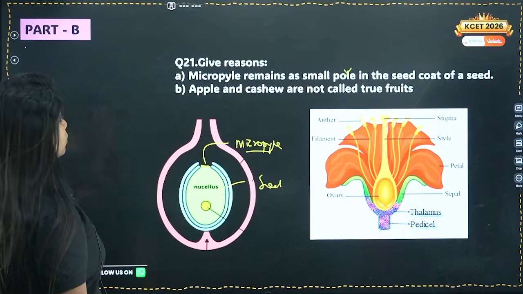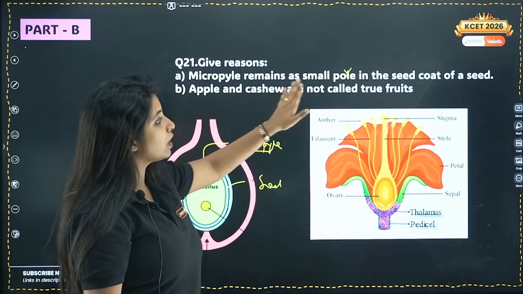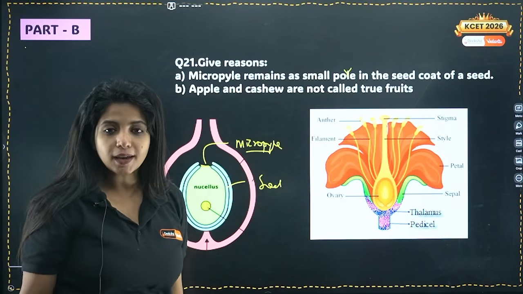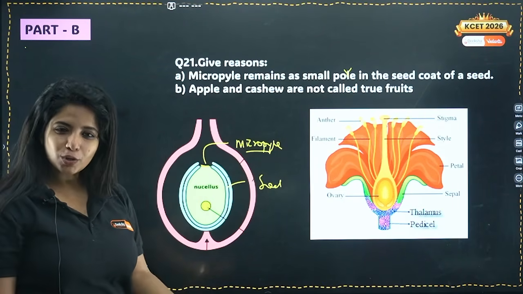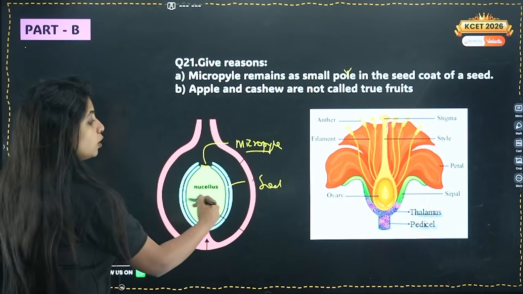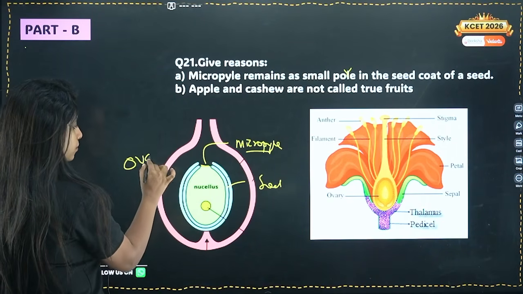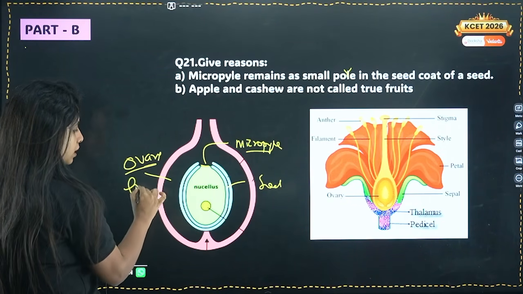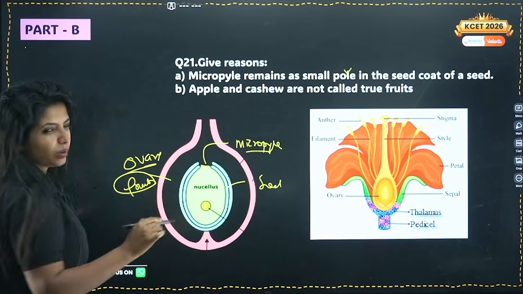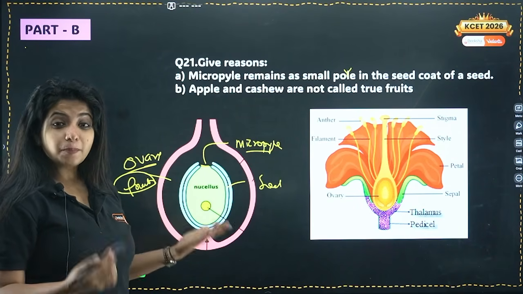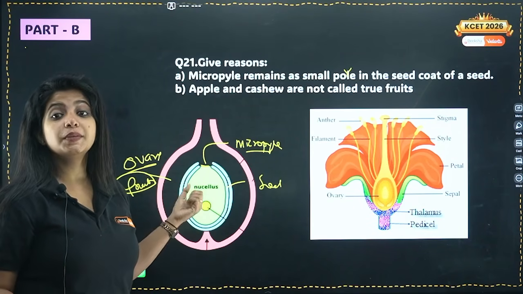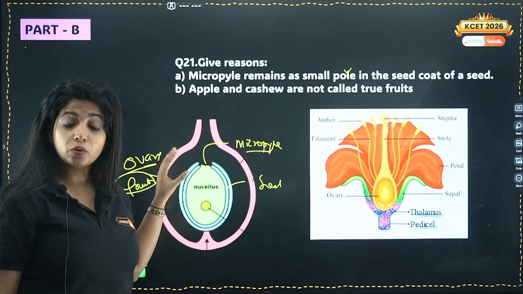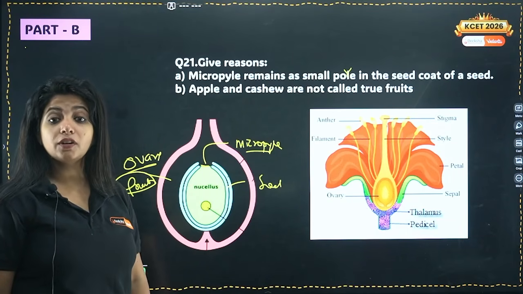Now there is one more part to the question, that is apple and cashew are not called true fruits. Why? Why that partiality with them? So usually what happens is that when the ovule becomes a seed, the ovary becomes a fruit. Agreed? Now in some plants, the other parts of the plant also help in the formation of fruit. It's not just the ovary.